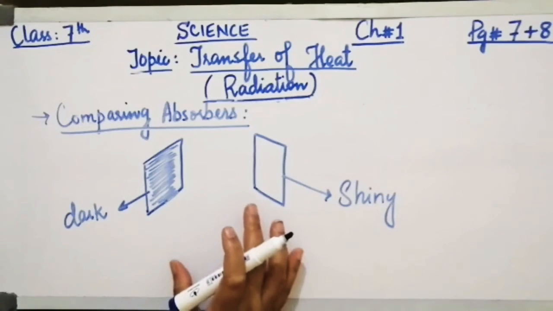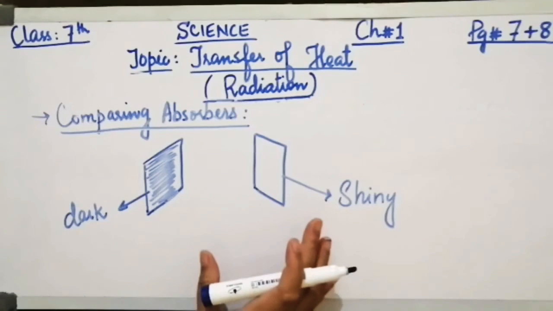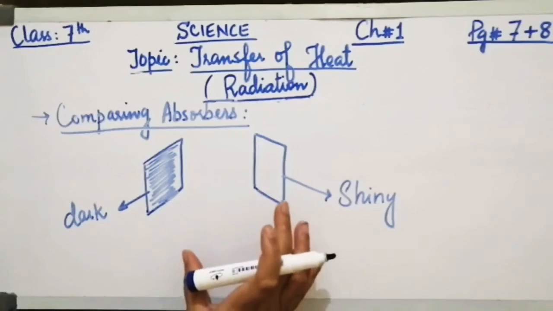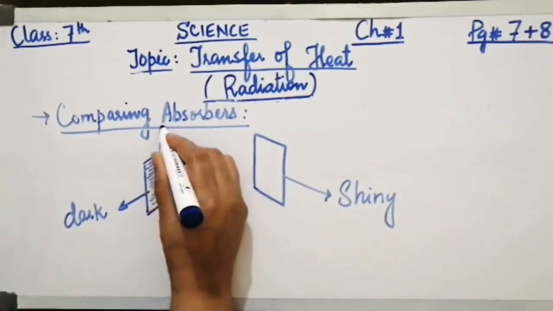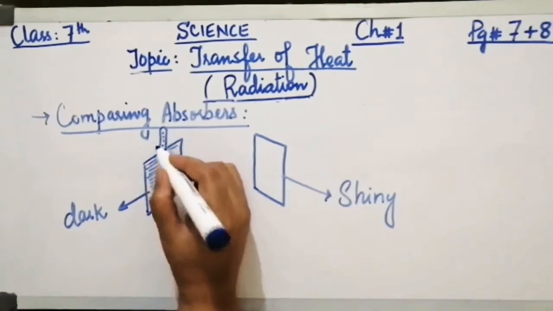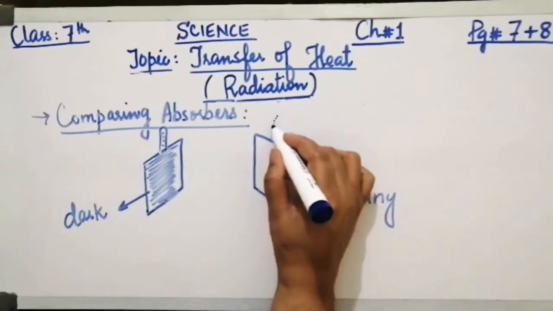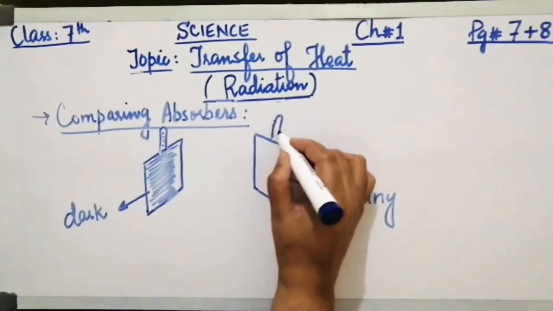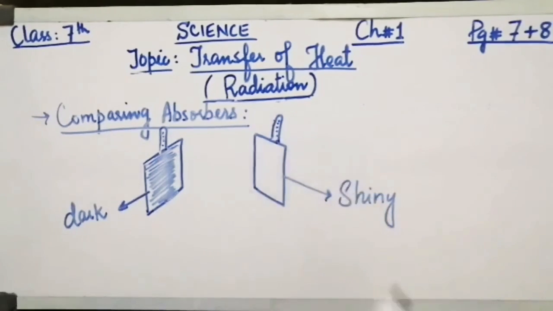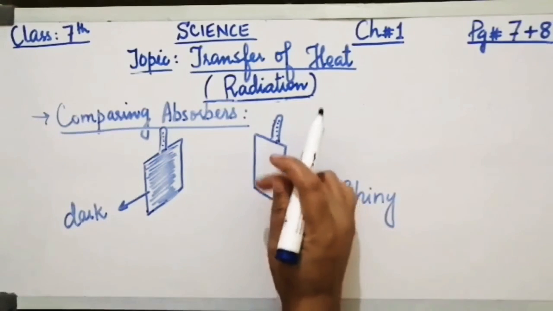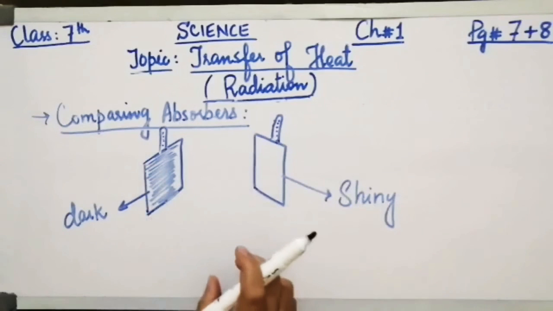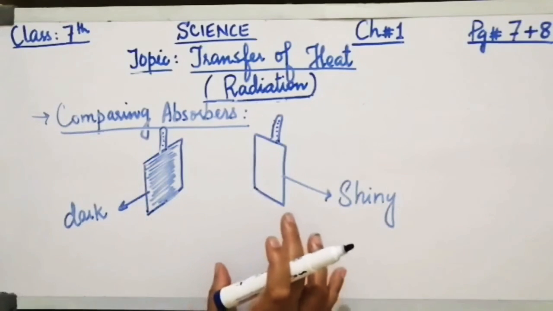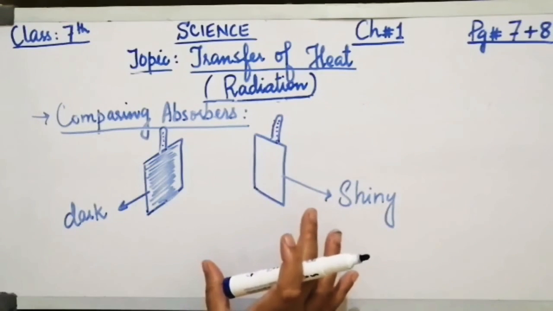So what happens? One shiny and one dark plate have thermometers attached to their back sides. Now I am attaching the thermometers on their back. Suppose this is the back side of the plate, with the thermometers placed behind these plates. Now the plates are fixed at the same distance from a radiant heater.